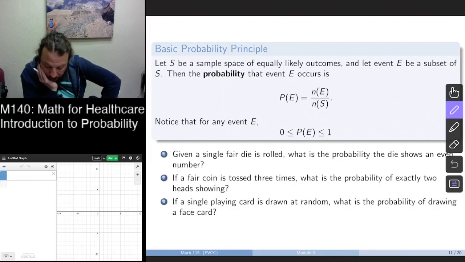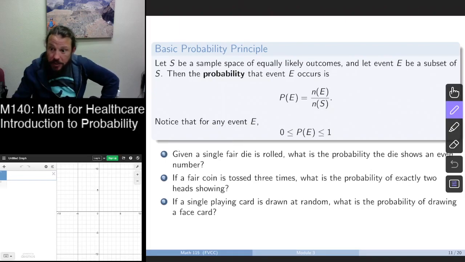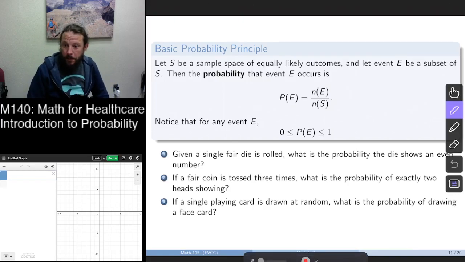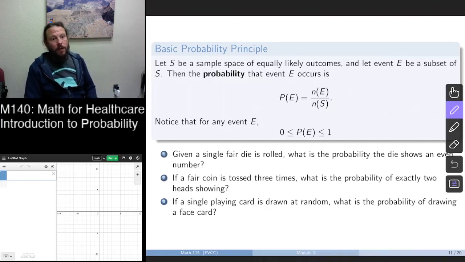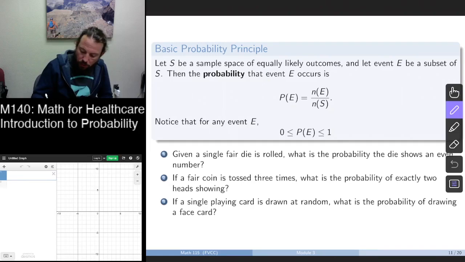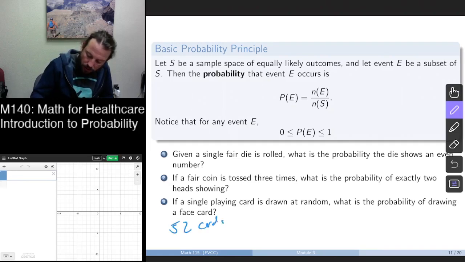A single playing card is drawn at random. What is the probability of drawing a face card? I advise you to look in your books. You'll find what's in a deck of cards, but maybe I'll go over it quickly here. There are 52 cards in a deck, and there are 13 ranks.